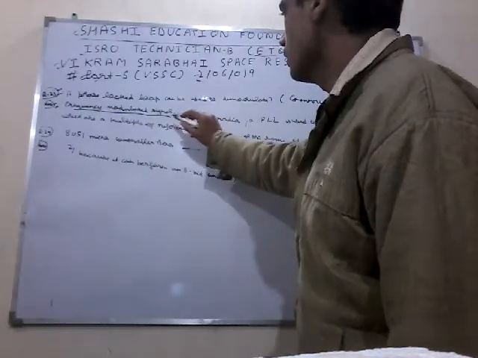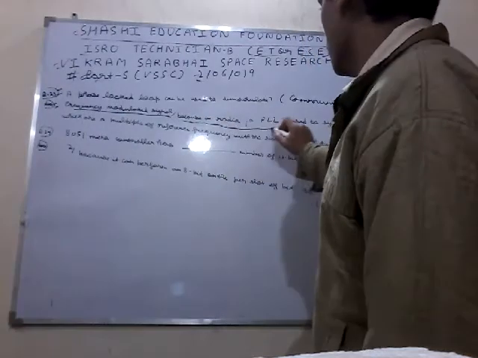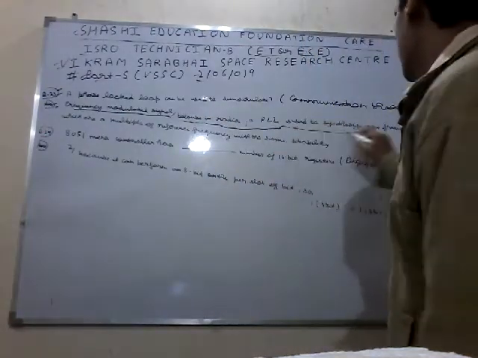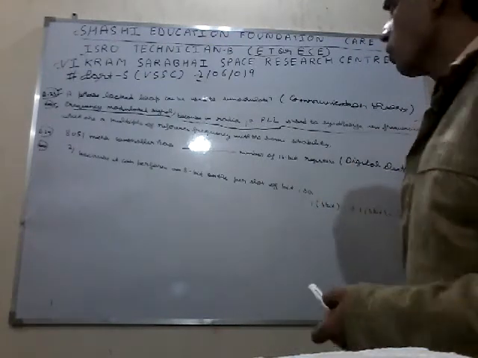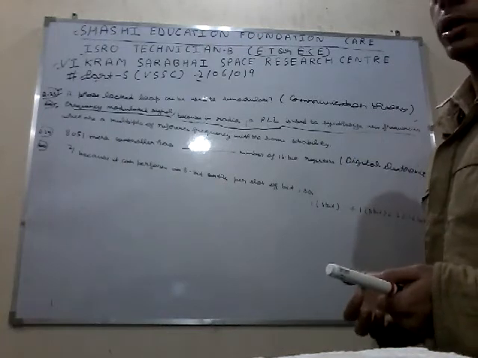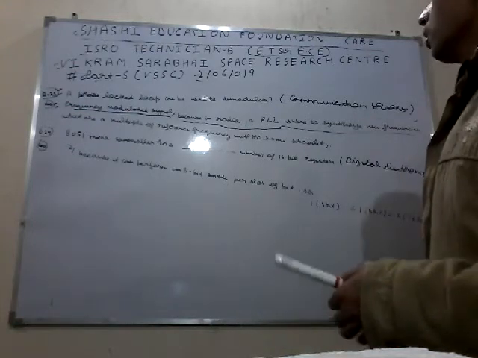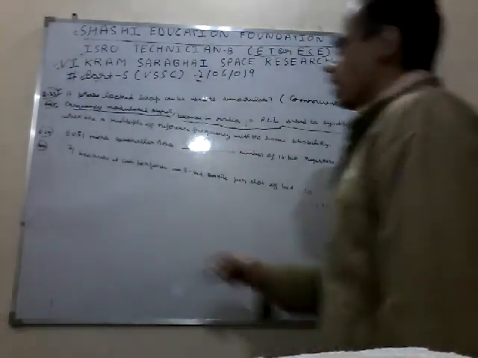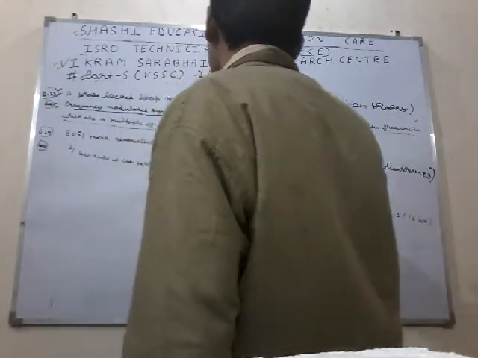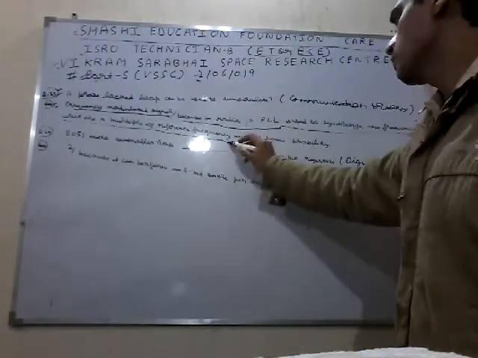frequency modulated signal, because in radio a phase locked loop is used to synthesize new frequencies. If you see inside an FM radio, or the modern day mobile connection technique, the phase locked loop is used to synthesize new frequencies which are a multiple of the reference frequency, with the same stability.